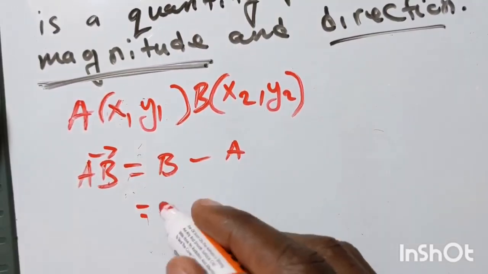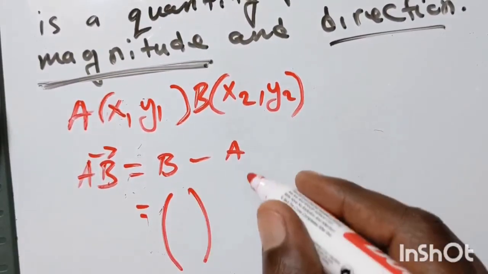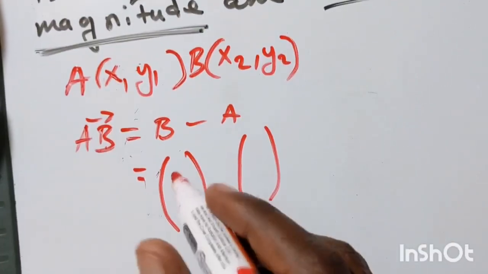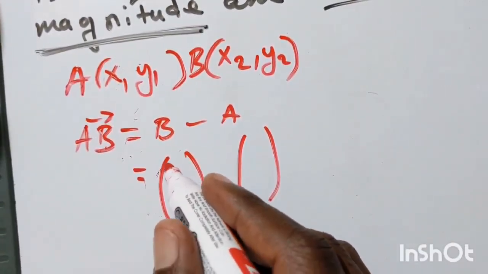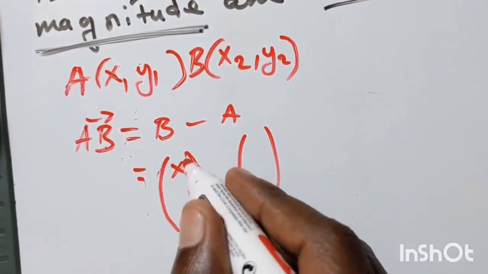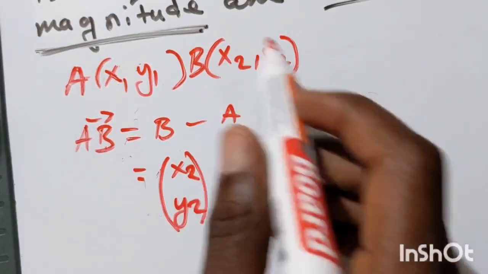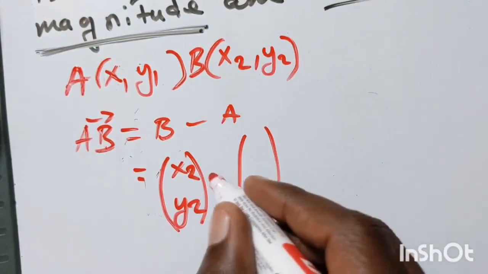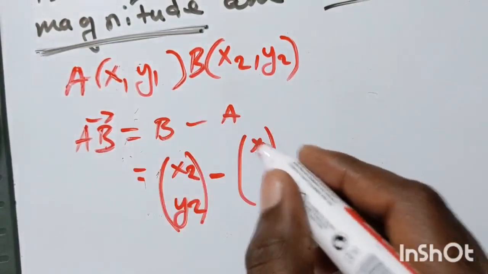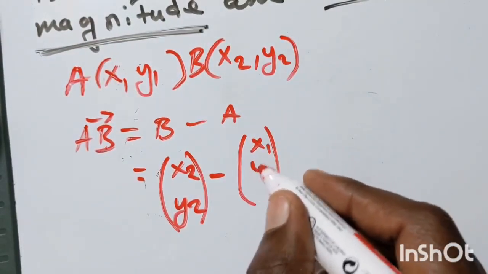So AB equals, in column form, x2, y2, that is the point there, minus the point x1, y1.